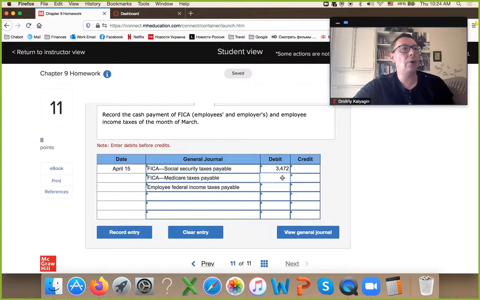We took out of employees $406 and we matched it. So it's 812. And for federal income tax, if you look at your second transaction, employees we withheld $4,000. And so this is the deposit we're going to make. So cash would be 8,284, those three debits together. So that's April 15th, deposit of FICA and federal income taxes with the government.